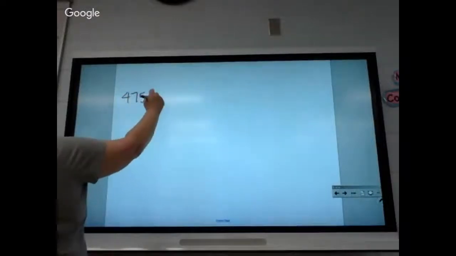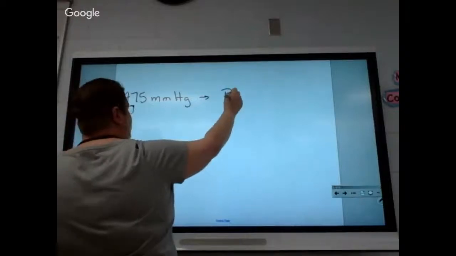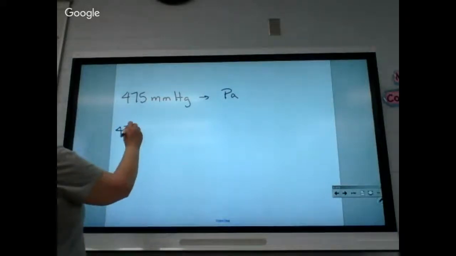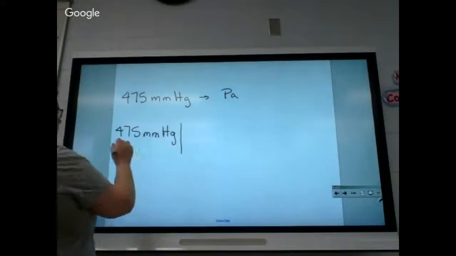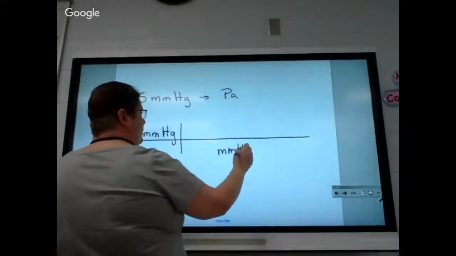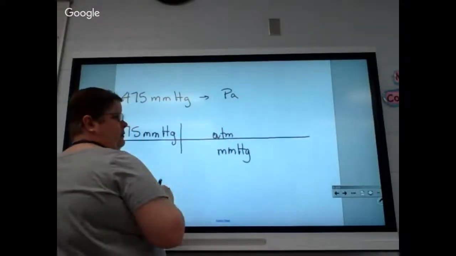So, if I asked y'all to convert 475 millimeters of mercury to Pa, would y'all be okay with it? Some of you would go millimeters of mercury to atm, which would be fine.